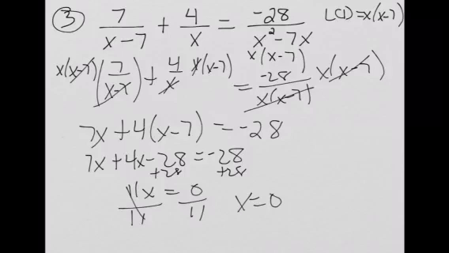Okay, but remember, with solving rational equations, we've got to go back and make sure we plug it in. And if I plug in 0 for this x, that's going to give me 0 on the bottom of the fraction. And remember, you can't have 0 on the bottom of a fraction, and so x actually can't equal 0. So therefore, we actually have no solution for number 3.